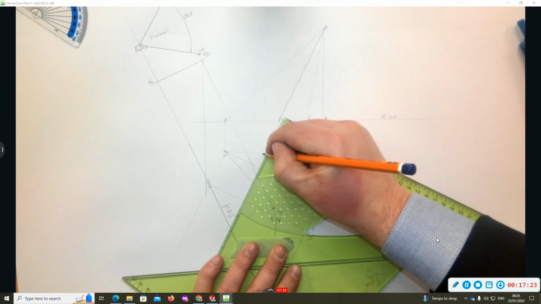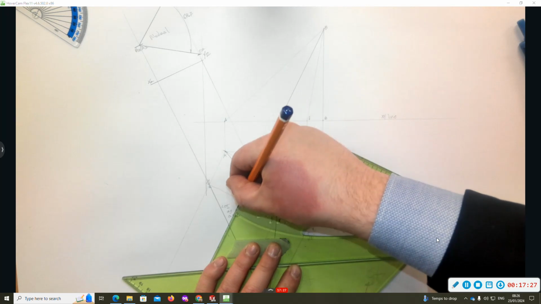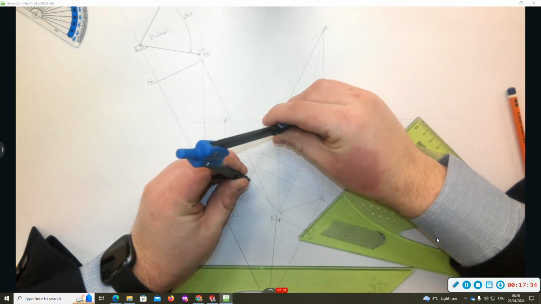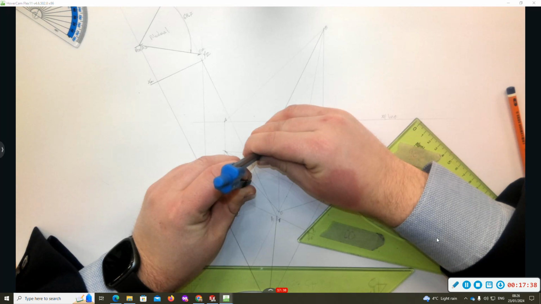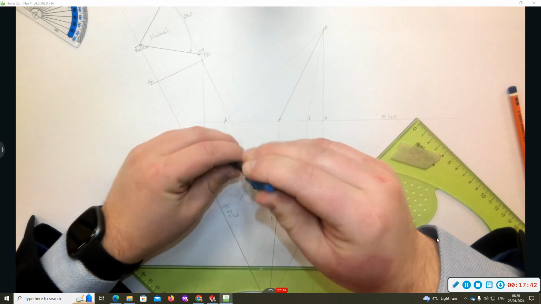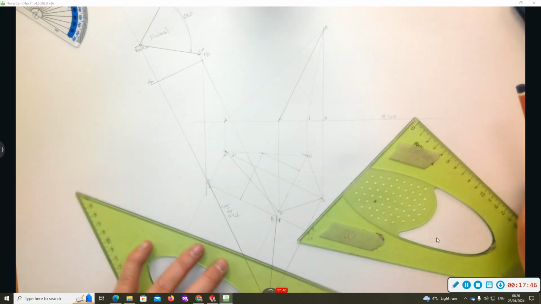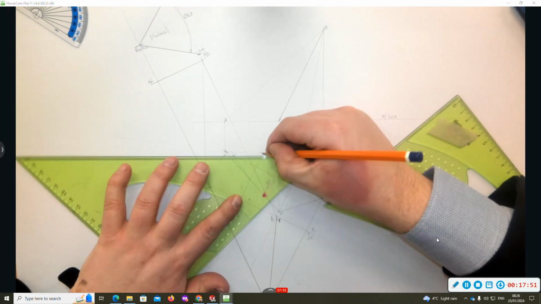And now where it hits the edge there, I'm going to bring this back to my x1, y1 line. I'm going to get my compass and set it to the length of 30 in plan. Swing an arc, and swing an arc there. So this is the true shape of this equilateral triangle.